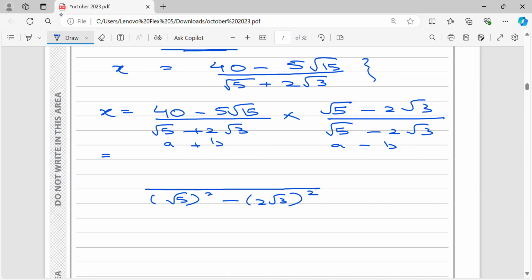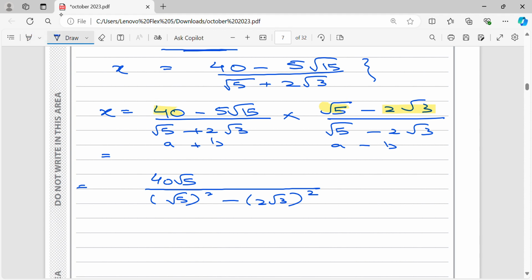This is my denominator. So if I look at the numerator, I have two brackets that I need to multiply. So first let's multiply 40 with root 5, and this will be 40 root 5, then 40 times minus 2 root 3.